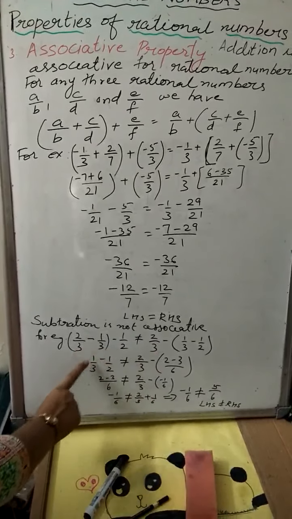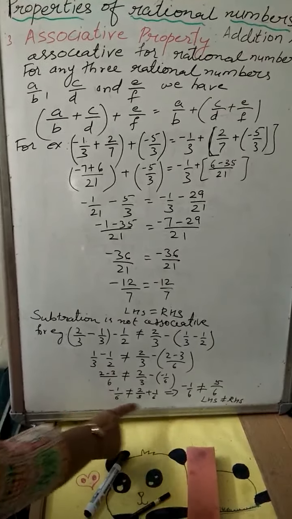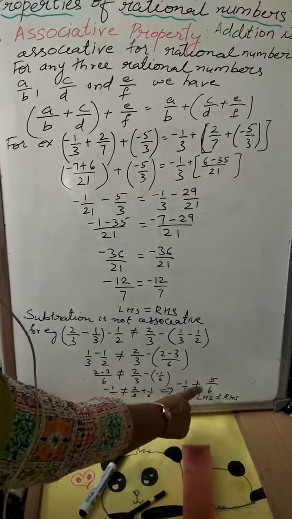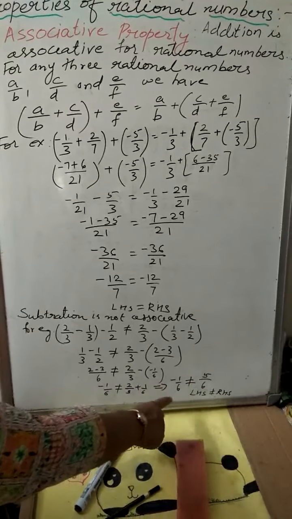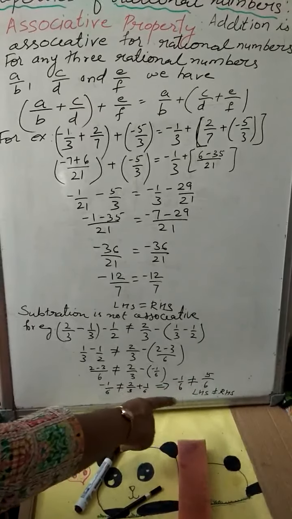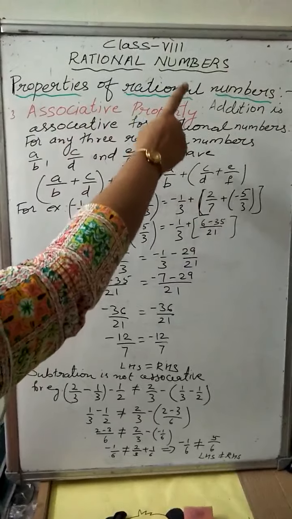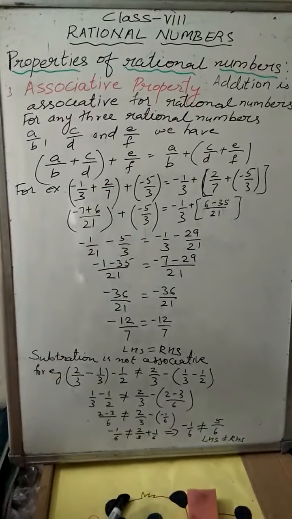After solving, you can see that the result is not equal. That is, in LHS I have got minus 1 by 6 and in RHS 5 by 6. That means LHS is not equal to RHS. So again, associative property is followed by addition but not subtraction.